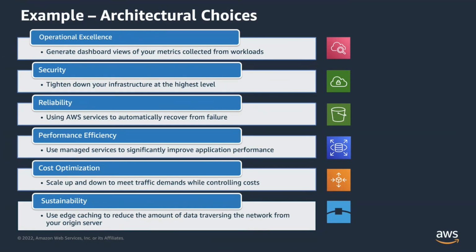So starting from operational excellence, it's generate dashboard views of your metrics collected from workloads. The service that I'm showing here is Amazon CloudWatch. It's a monitoring service that gathers metrics emitted by different AWS services, and then you can view them on the console. So you can create dashboards and have an aggregated view of the metrics, and accordingly, you can even take actions when you realize what's happening.